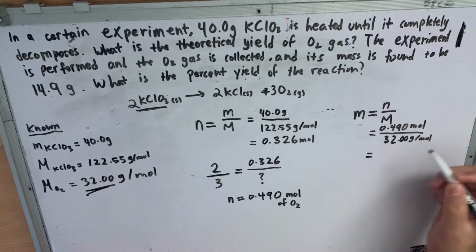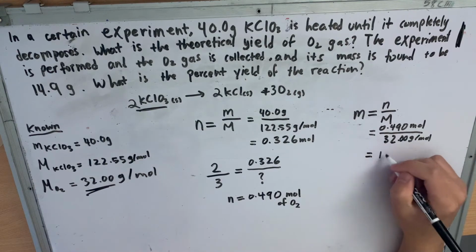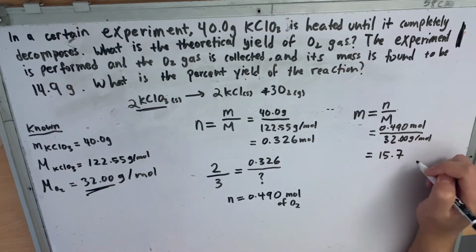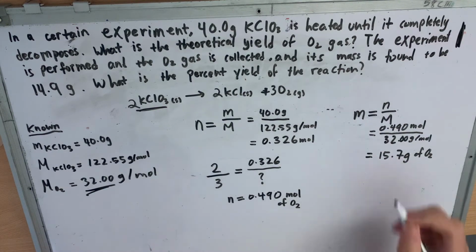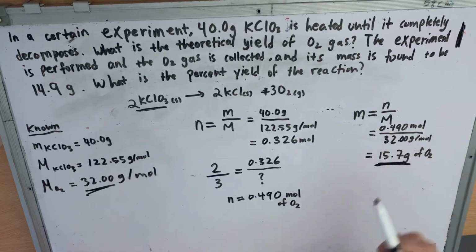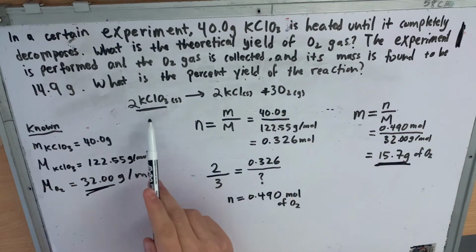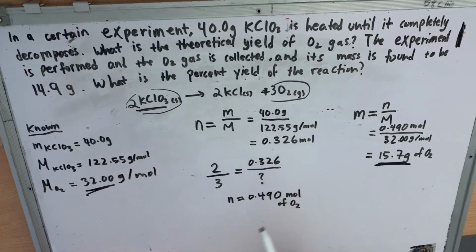Calculated, the moles cancel out, and you end up with 15.7 grams of O2. So this number here is our theoretical yield after completing the mole ratio between the reactants and the product we're trying to find the yield for.